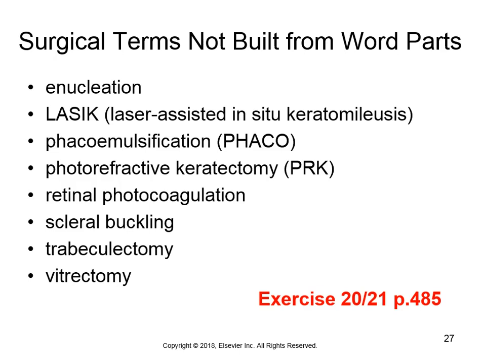So by creating this tiny little hole, you will then remove the excess fluid and release the pressure. Vitrectomy is something very similar. You basically take a giant needle, put it into the eye, and remove directly the vitreous humor. It's kind of a more extreme version of a trabeculectomy.